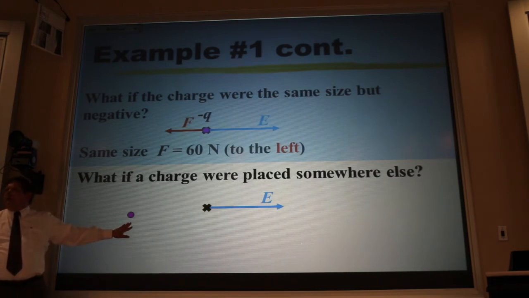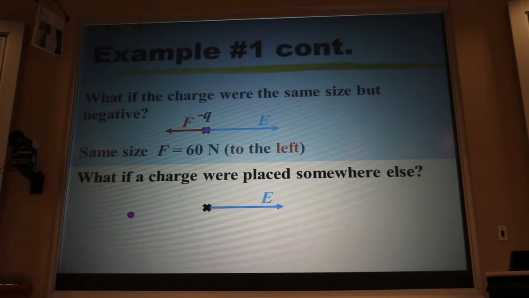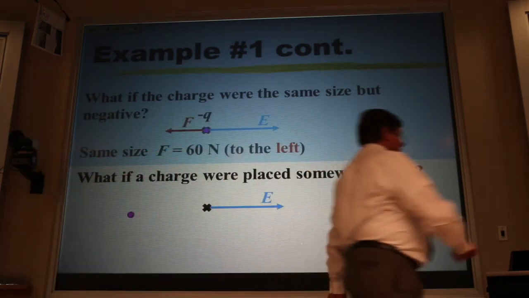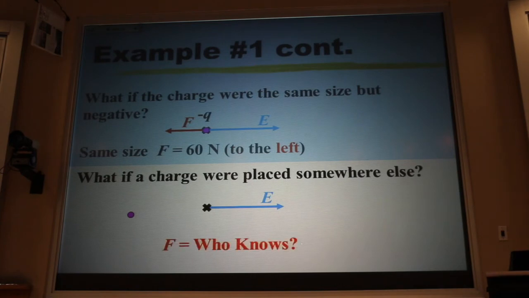Because typically what we do is we take a little charge and we move it around the room and we see how it's getting pushed. And that, plus this equation, tells me what the electric field is everywhere in the room. Okay? So my answer here is who knows? I have to be at the X where the E is given.